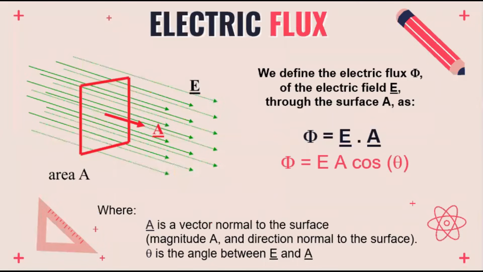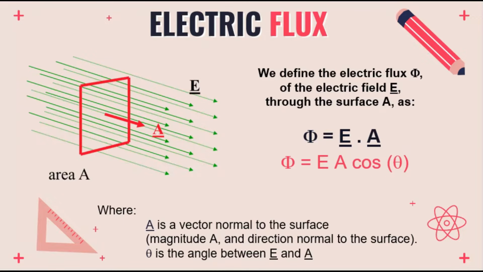So electric flux, we define it as the electric field through a surface, given by the equation phi equals the dot product of the electric field and the surface area vector of that specific object. Expanding this dot product of two vectors, electric flux phi is equal to the electric field multiplied by the area vector, or surface area, cosine theta.